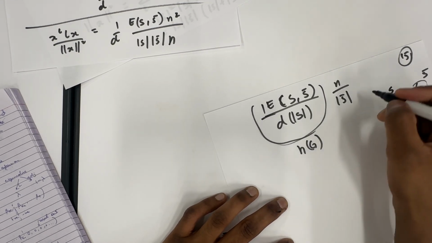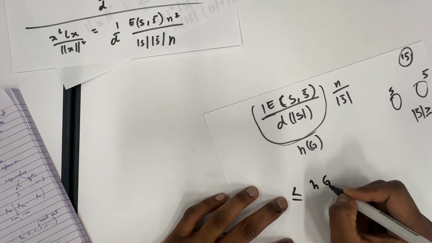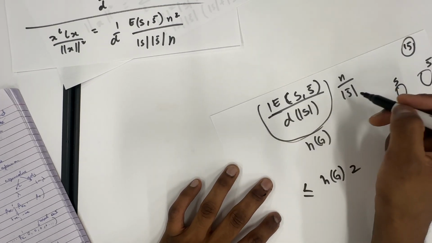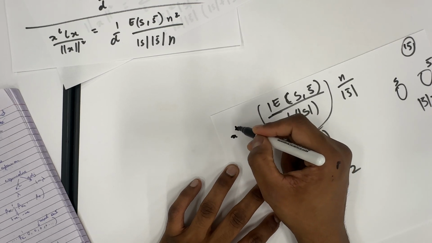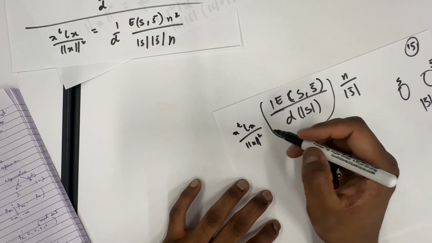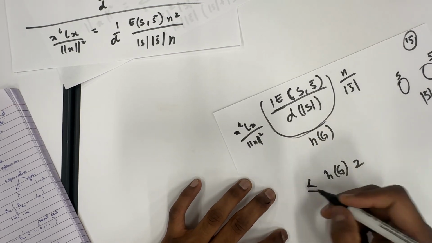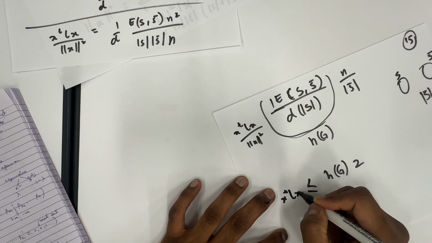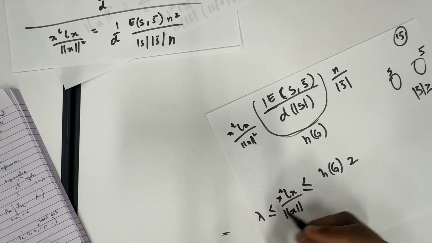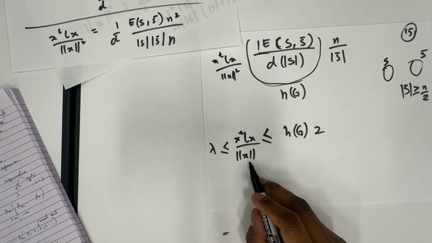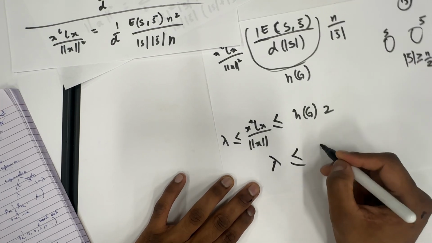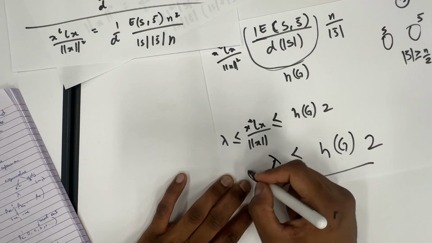So this is always less than h of G times 2, and on the left hand side we have x transpose Lx over norm of x square, which is always greater than the eigenvalue gap, because the eigenvalue gap is the minimum over all such numbers, right? So what I have is that my lambda, the eigenvalue gap, is less than h of G times 2. This was the first side.